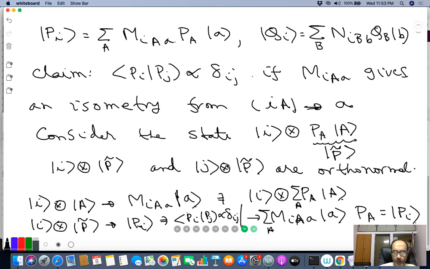These states are orthonormal because P tilde has unit norm and I and J are an orthonormal basis. So the input states are orthonormal by construction, and because M is an isometry, the output states must also be orthonormal. That's the logic that shows Pi Pj is proportional to delta Ij.